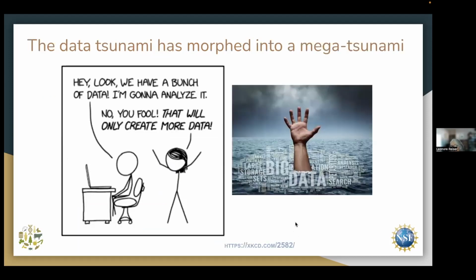Also, as other people have mentioned, we've gone from waves and waves of data to it's going to be even more so. So we really have to find more effective ways of being able to handle and manage all of this data. Otherwise, we're just not going to be able to keep up. And this, to me, as a biocurator, is really justification for the importance of the work that we do.